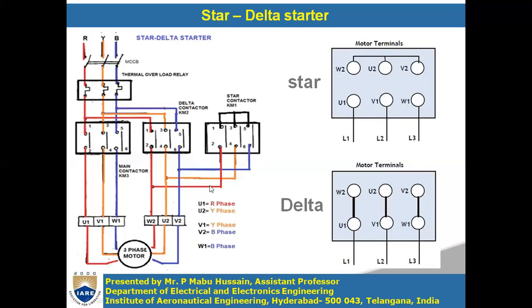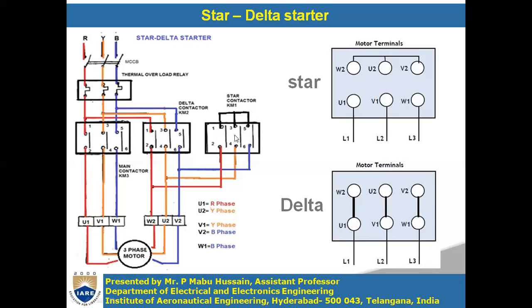See here, W2 is connected to this, U2 is connected to this, V2 is connected to this, and the other side will be connected like this. So they are short circuited. Whenever the main contactor and the star contactor are both closed at a time, the R Y B supply will be connected to the motor and the windings will be connected in star.